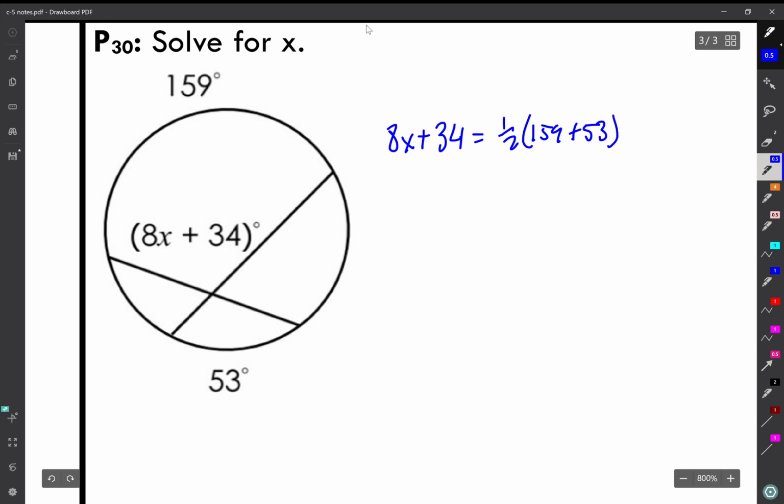Put that in my calculator. 159 plus 53 is 212, divided by 2, 106. So 8x, we'll subtract 34 from both sides. 8x is equal to 72. Divide 72 by 8, you get that x is equal to 9.